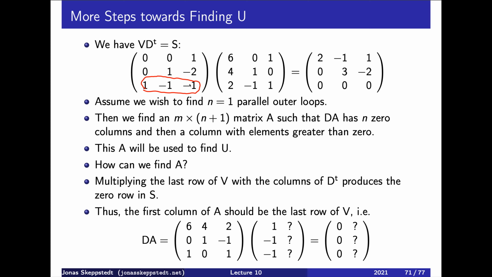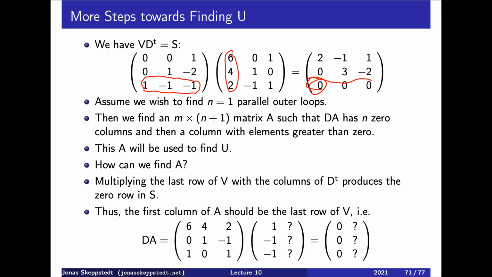For instance, when we multiply this row and this column, it will be 6 minus 4 minus 2, and that's 0. And if we multiply it with this, we will get these zeros.